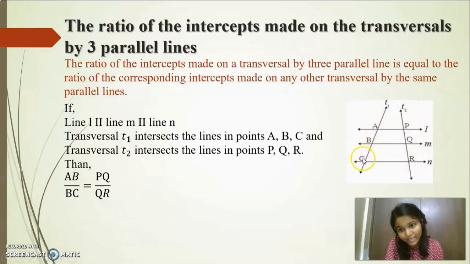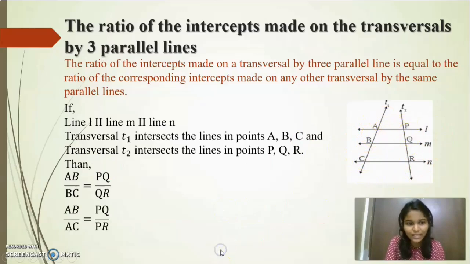If you are taking AC, then on the right hand side it will be PR. If you are taking BC, then on the right hand side it will be QR. If you are taking AB, then it will be PQ. So you have to be very careful when you are using it. You can use it as AC upon BC is equal to PR upon QR, and you can also say AC upon AB is equal to PR upon PQ. These are the two more ways in which you can use it.